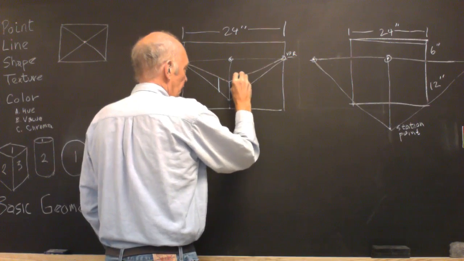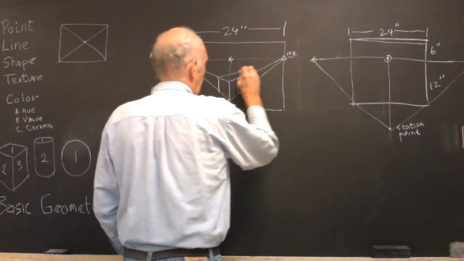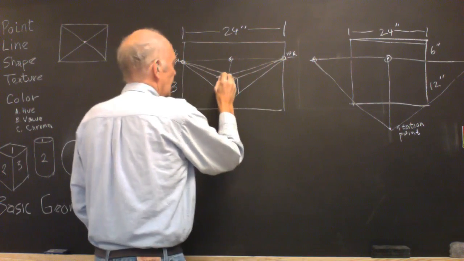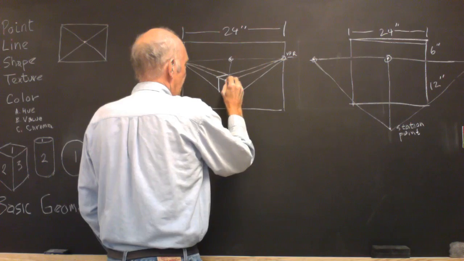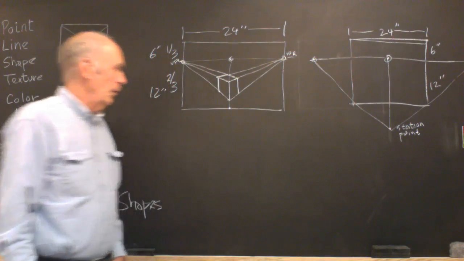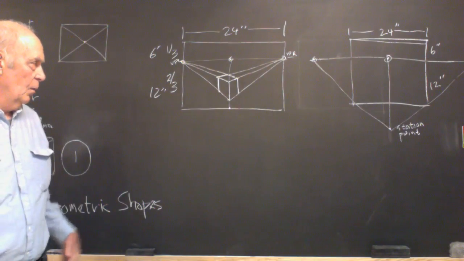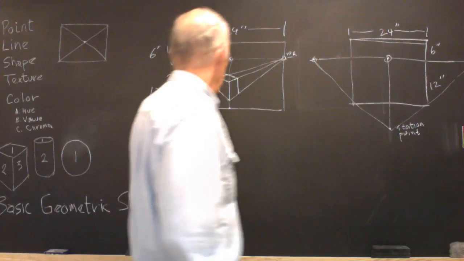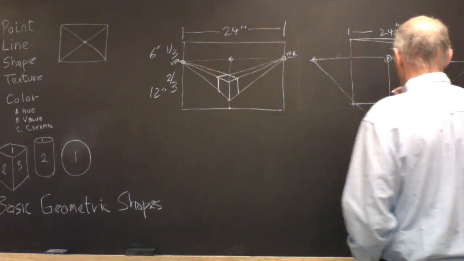Finish drawing the block. And this is a block, or a cube, in 2-point perspective with half the normal viewing distance. I'm going to do the same thing over here.